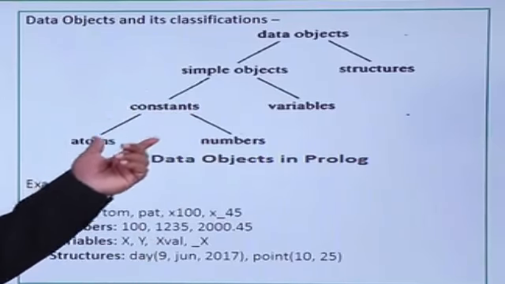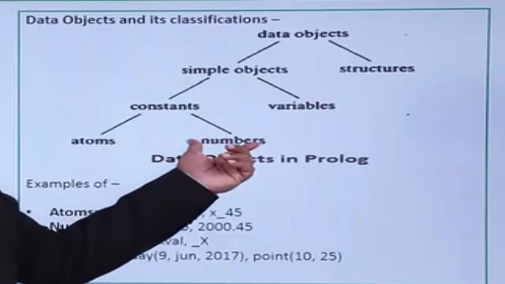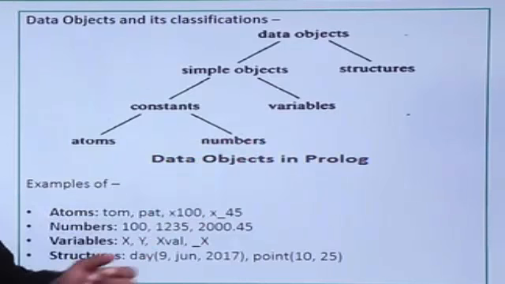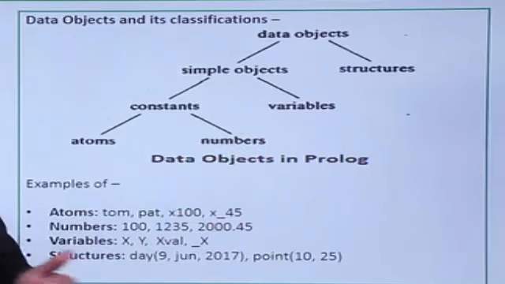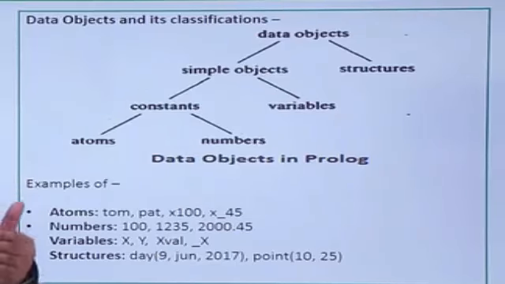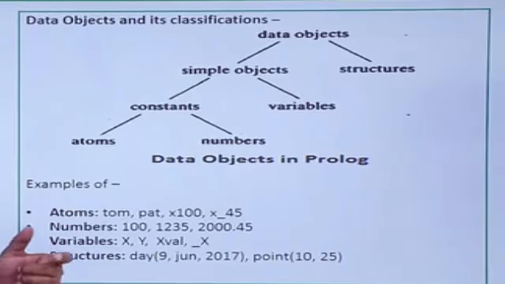Constants can be divided into two categories, one is atoms and another one is numbers. Say Tom, written in lowercase letters, can be treated as an atom, and numbers can be either integer or real. But real numbers are not so much used in our Prolog codes. At most we go for integer number representations.